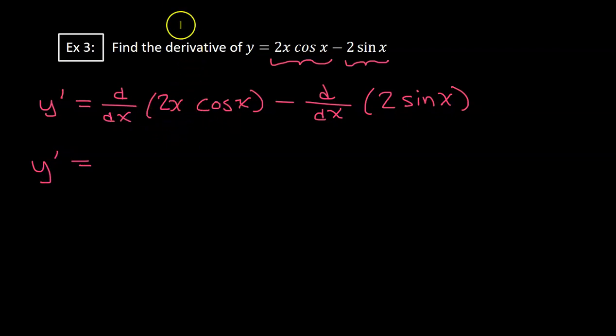But yes, you guessed it, we are looking at the product rule. We can look at this as 2x times cosine x. So this is the derivative of a product, so let's use the product rule. Remember that the product rule says we're going to take the derivative of each one of these one at a time.